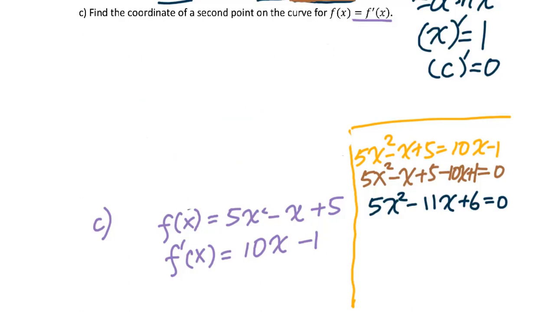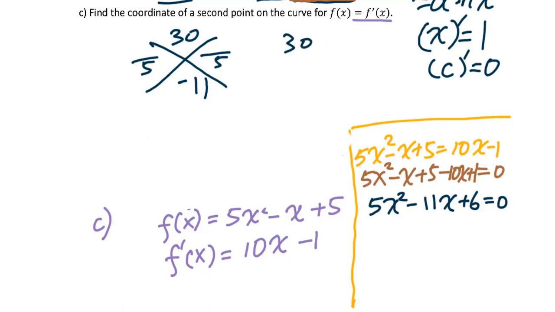Let's do the ninja method. Here we have 5 times 6, which is 30, and negative 11 over 5 over 5. Factors of 30: 1 and 30, adding is not 11; 2 and 15, not 11; 3 and 10, not 11; 5 and 6, yes that's 11, but we need a negative 11.